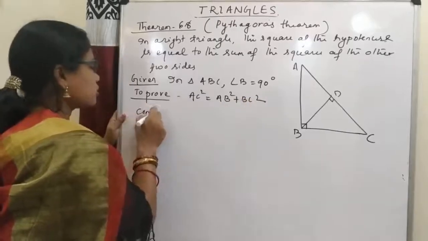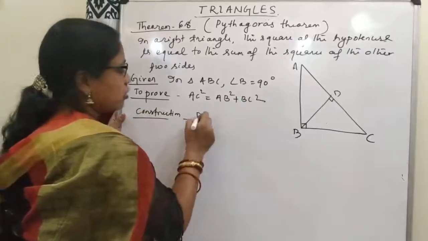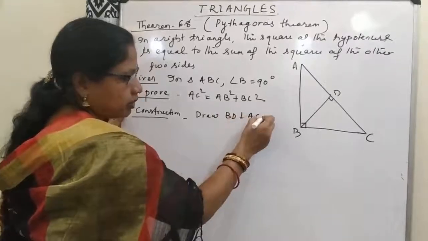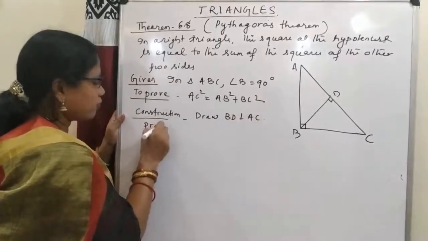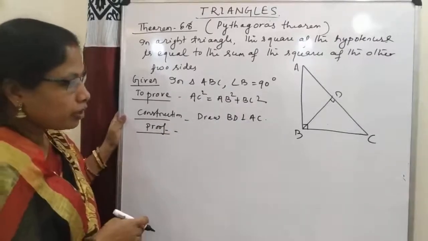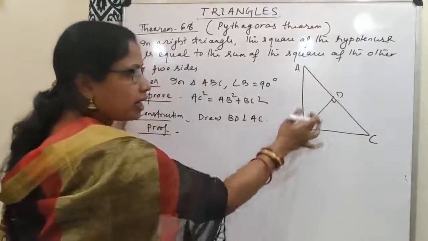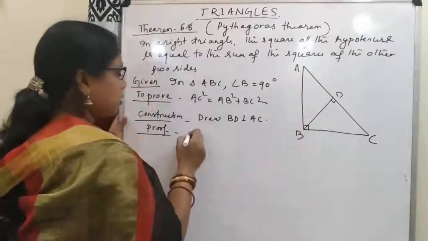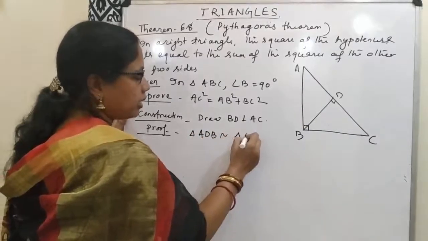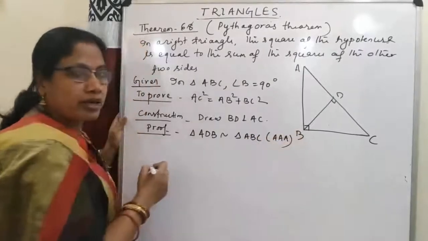Here construction is required, and I have already constructed this. Draw BD perpendicular to AC. Then proof. By our previous theorem, we know that triangle ADB is similar to triangle ABC by the angle similarity criterion.